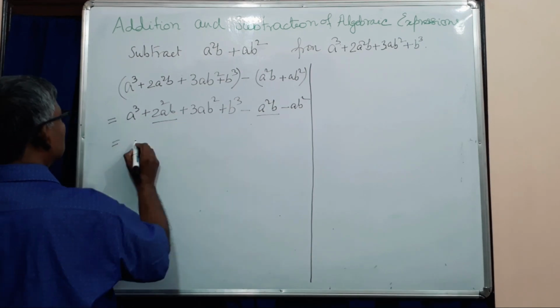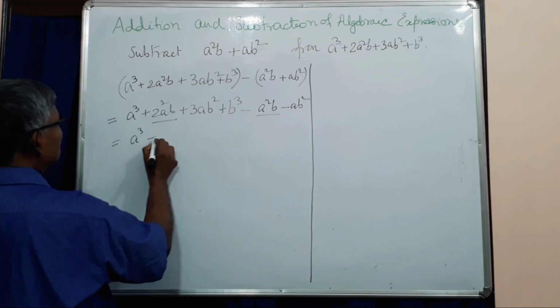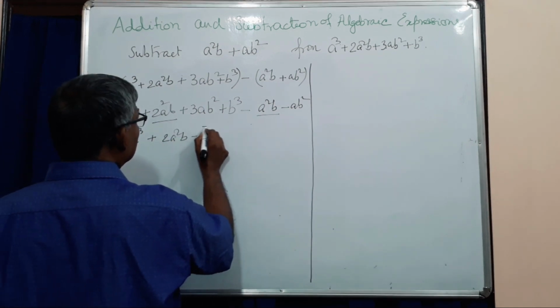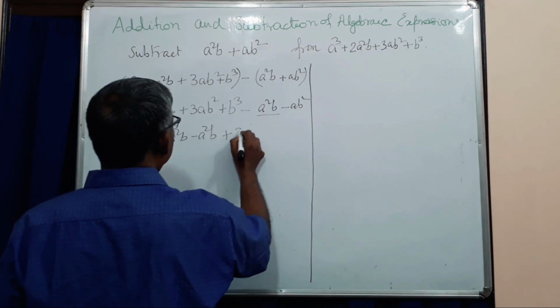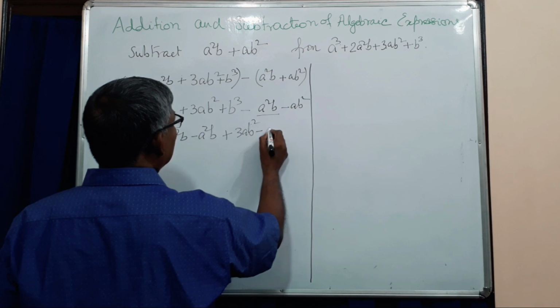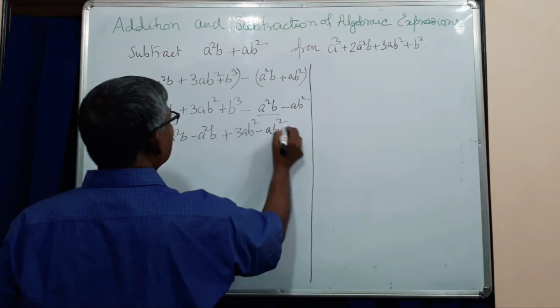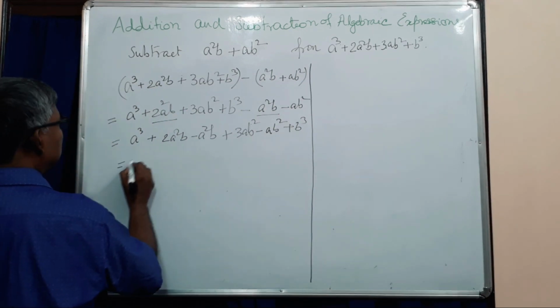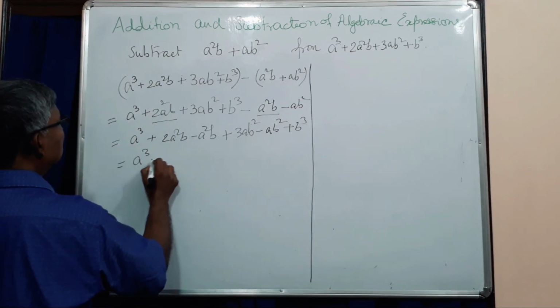Here is no a cube, so a cube left alone plus 2a square b minus a square b plus 3ab square minus ab square plus b cube equals a cube.